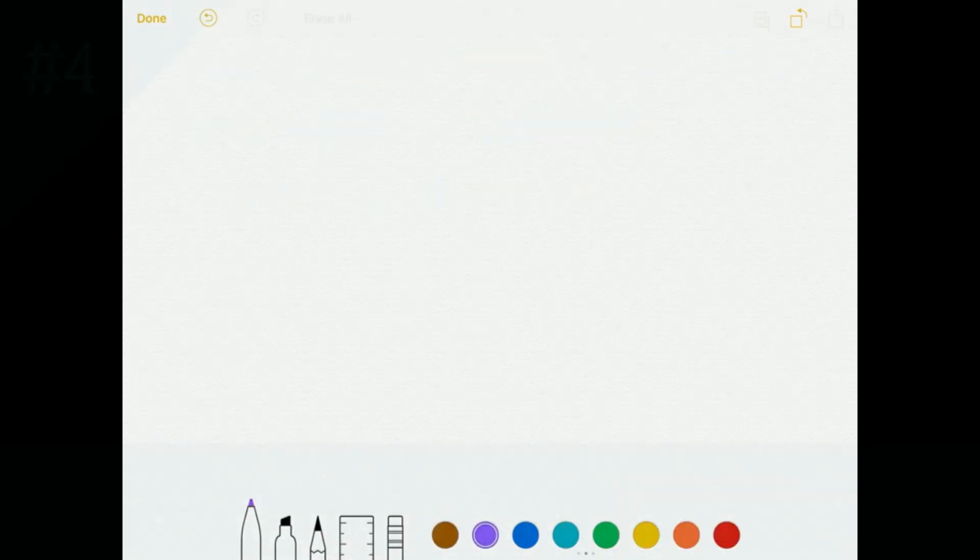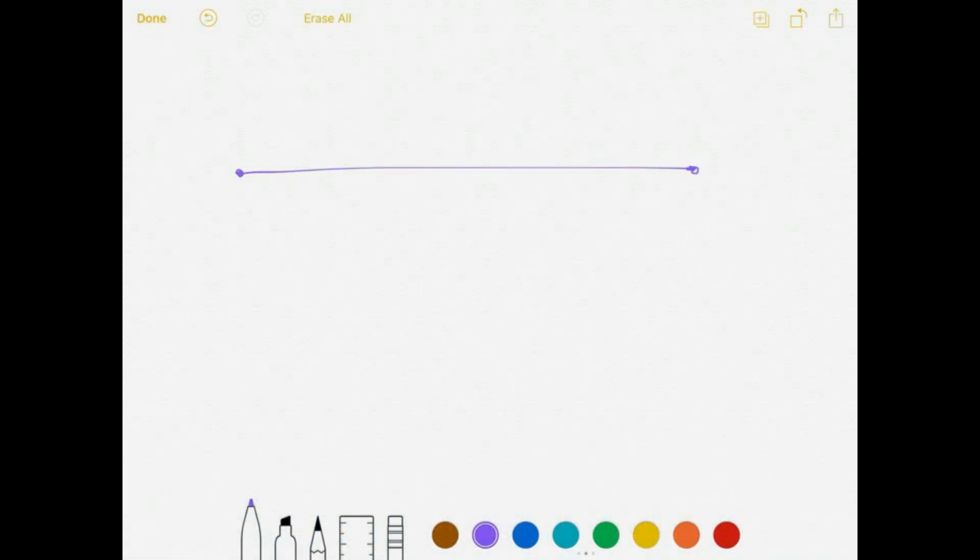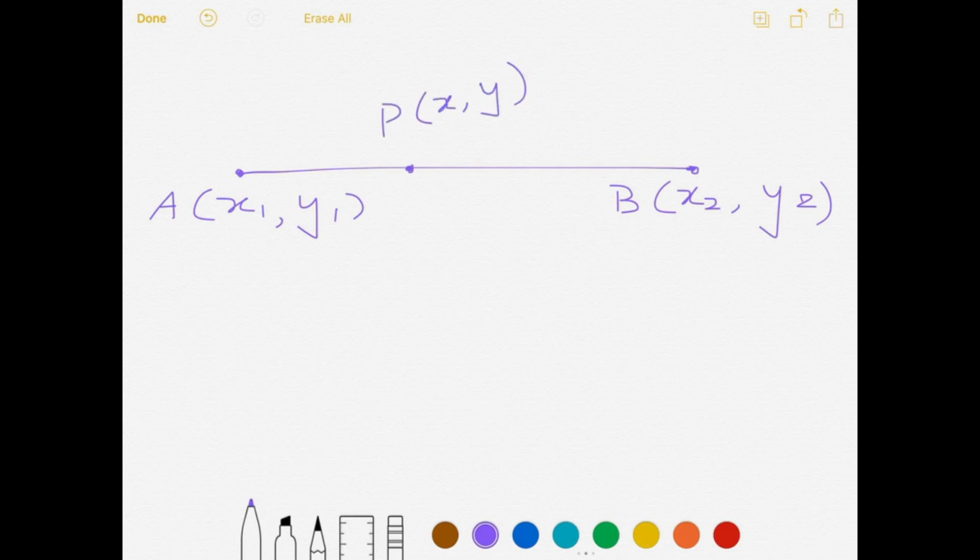Now let us take a look at the section formula. For that, let us say that there is a line segment AB in which A has coordinates x1, y1 and B has coordinates x2, y2, and there is a certain point, let us call it point P, which has coordinates x, y.